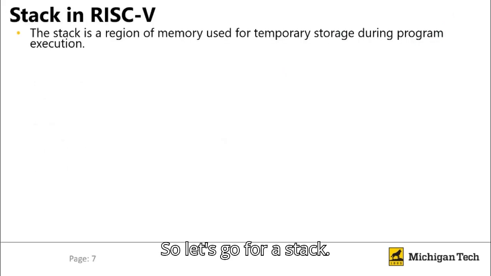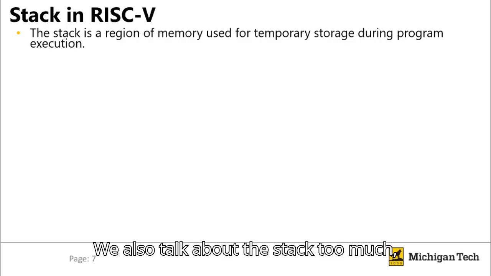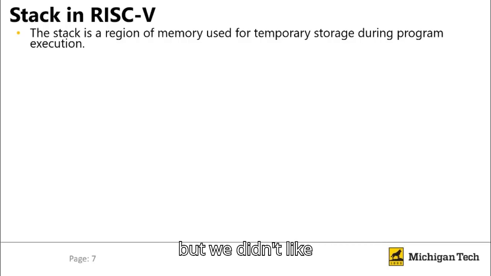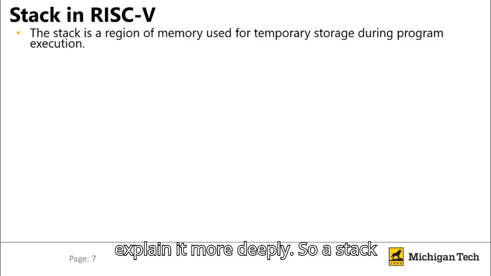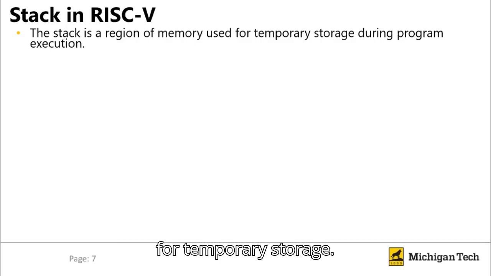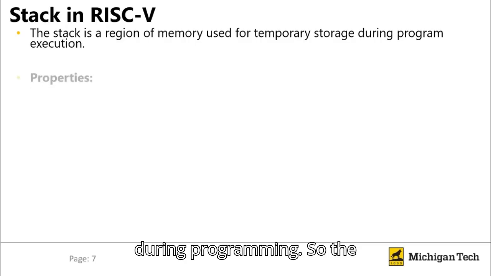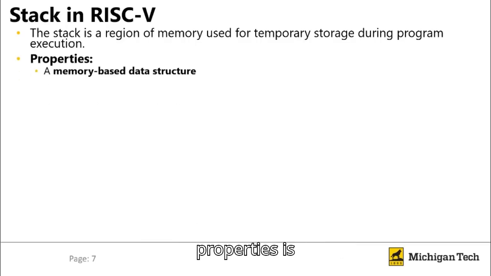So let's go to the stack. We talked about the stack too much, but we didn't explain it more deeply. A stack is part of the memory used for temporary storage during a program. The properties are like a data structure.